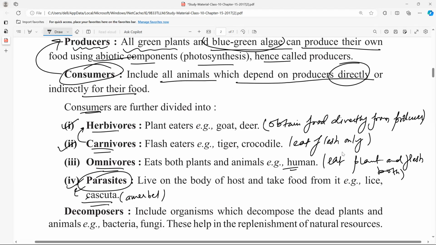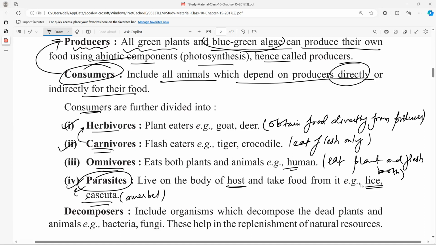For example, lice, which enter our body, and mosquitoes. Without benefiting the host, they just obtain food from it, living on the body of the host and obtaining food directly. So these are called the consumers.